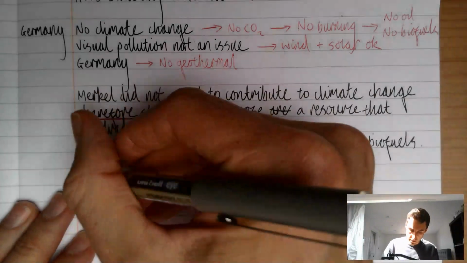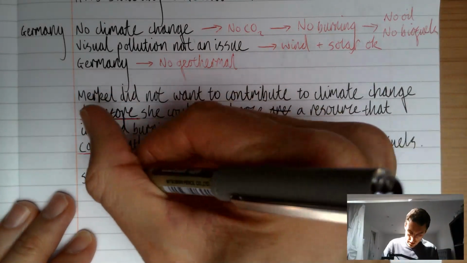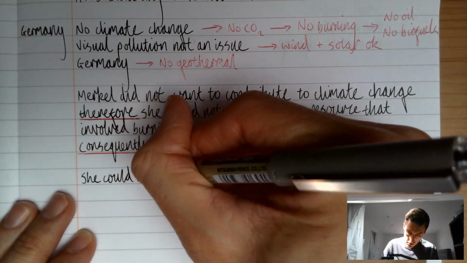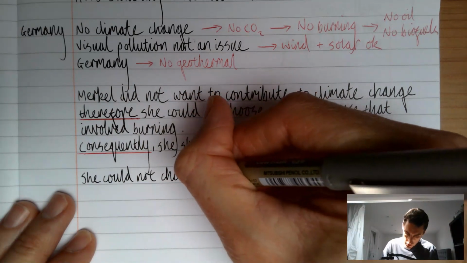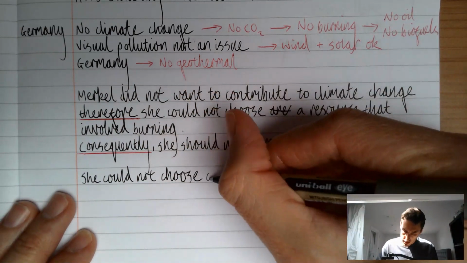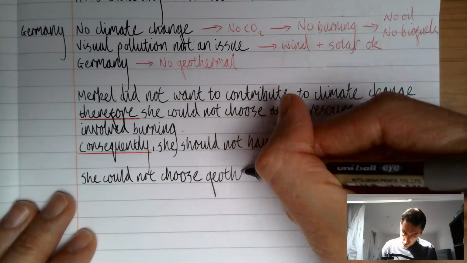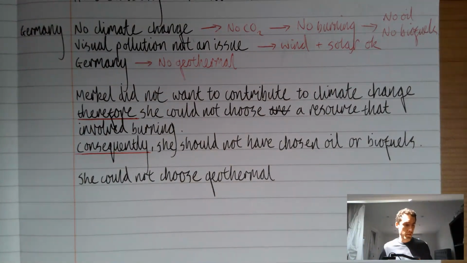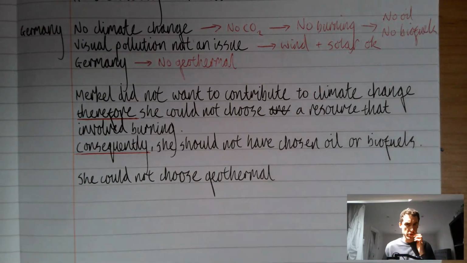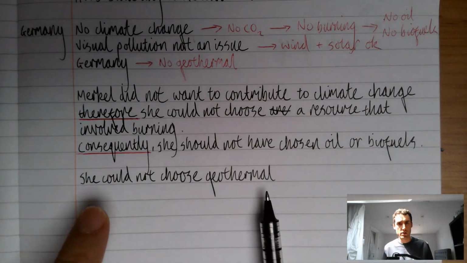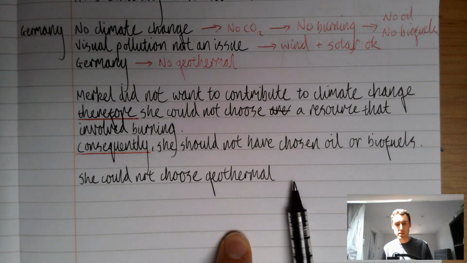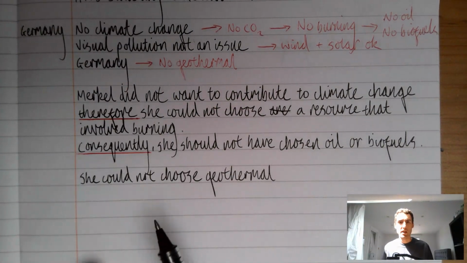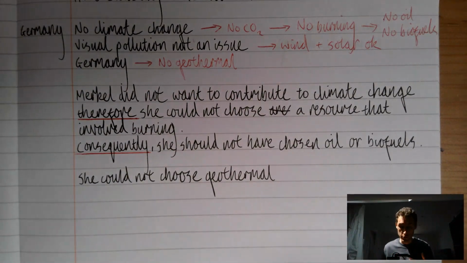Next thing, I might actually go to this one next. So I might say she could not choose geothermal. So I'm thinking here of another causal linking word, and you may have been to CPD on because, but, so, but now we're giving the explanation first and then relating it to the information that we were given originally. So instead of doing a therefore or a consequently, we're doing a because.